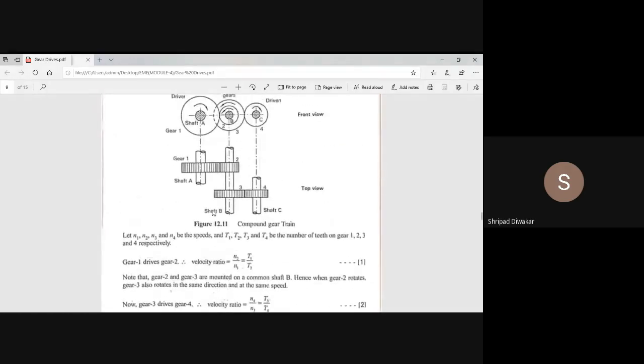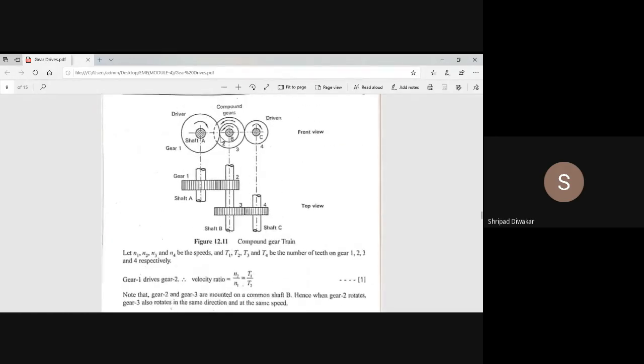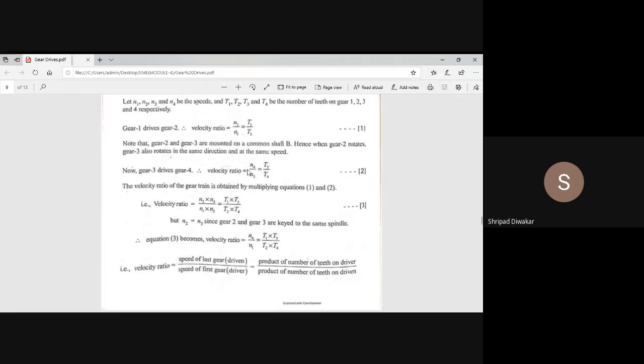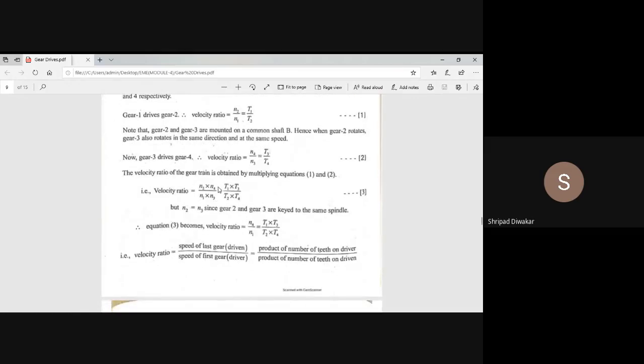In the LHS, we cancel N2 and N3 because gears 2 and 3 are compound gears, so the speed of gear 2 and speed of gear 3 are same. So, we are getting N4 by N1 equals T1 into T3 divided by T2 into T4.